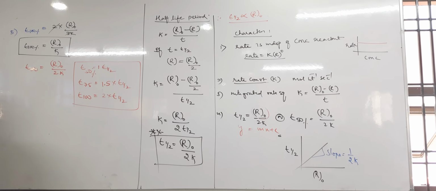Okay. Next, what is the relation between rate and time for a zero order reaction? Is there any relation between rate and time for a zero order reaction? Sixth point is relation between rate and time.